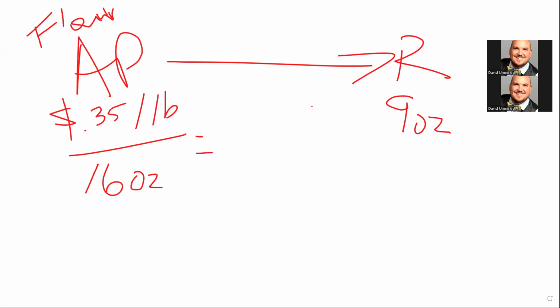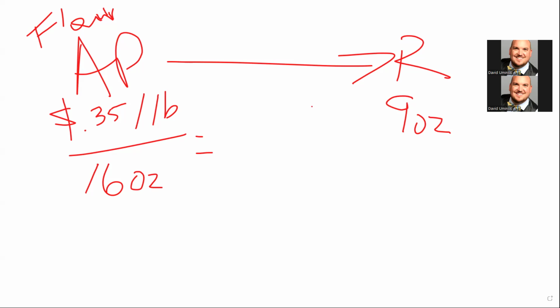Yeah, that comes to 35 cents per pound. So you got 3 cents per ounce. That's not 2 cents because it comes out to 0.0218 and we round everything up to the nearest penny. There you go.